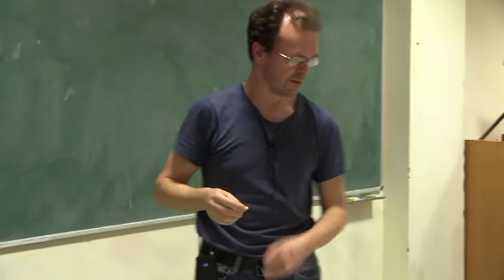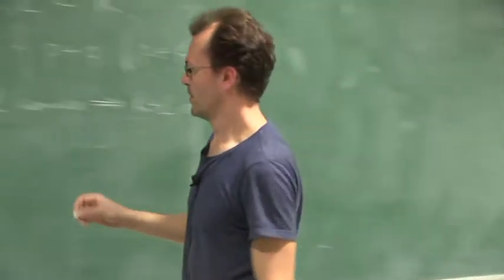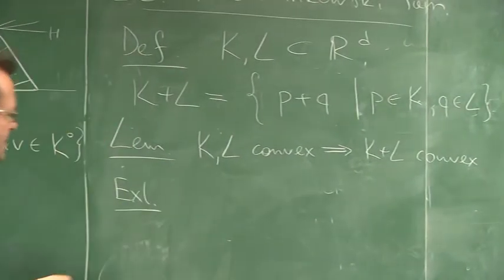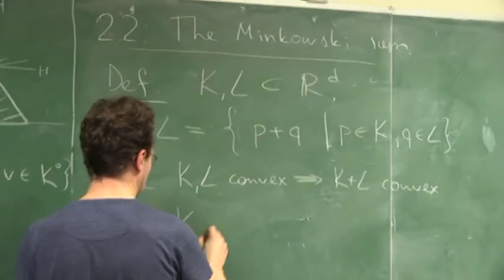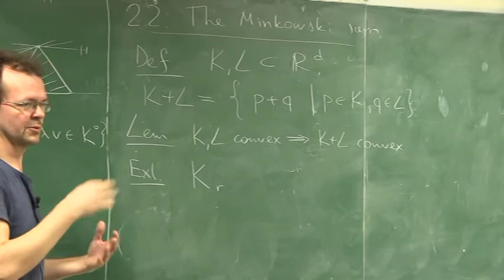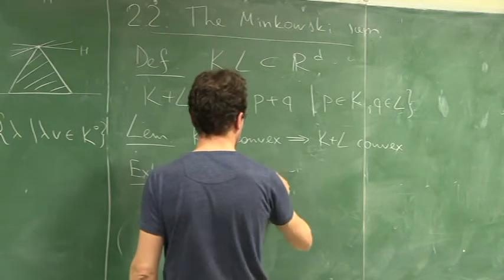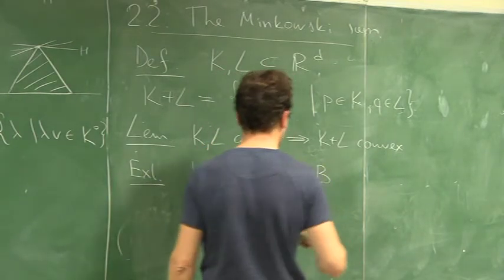And let us take two examples of Minkowski sums. Yesterday we had this body K_R, the set of all points at distance at most R from K, and this is in fact equal to K plus the ball of radius R.